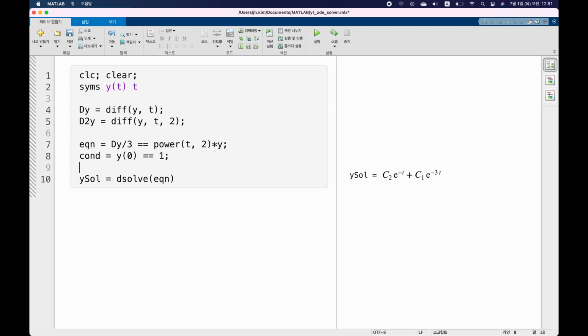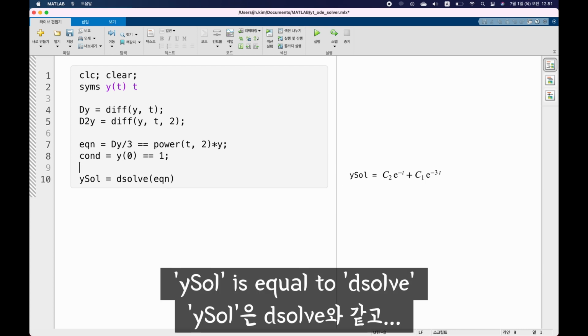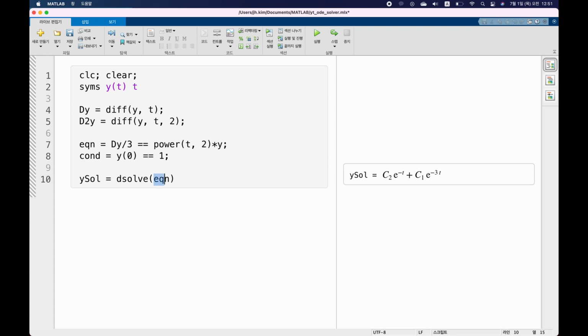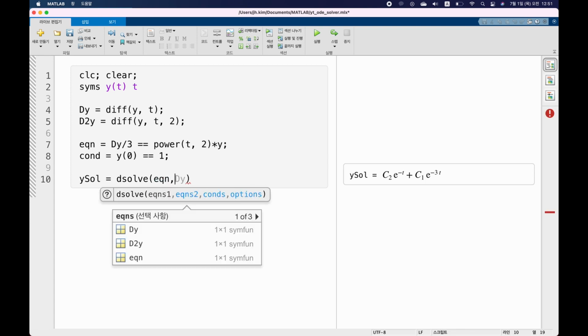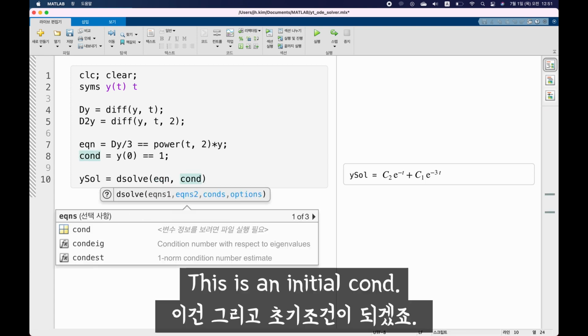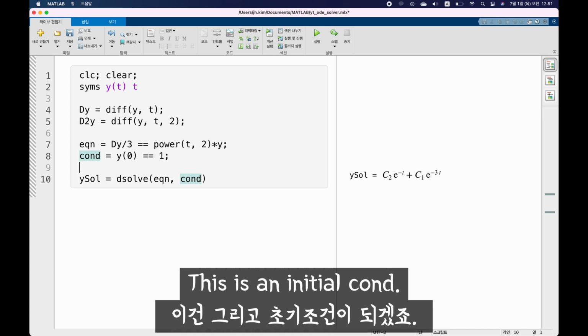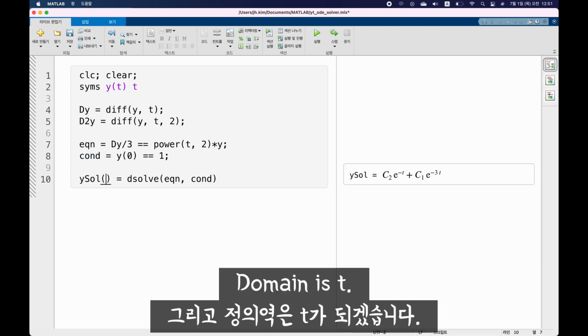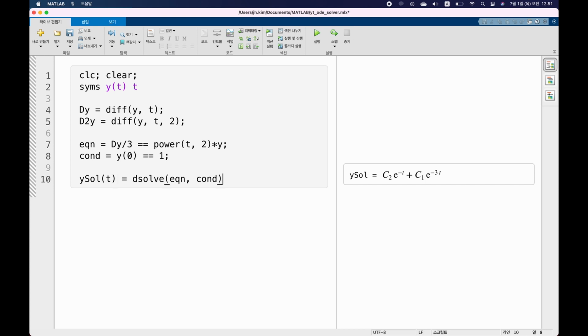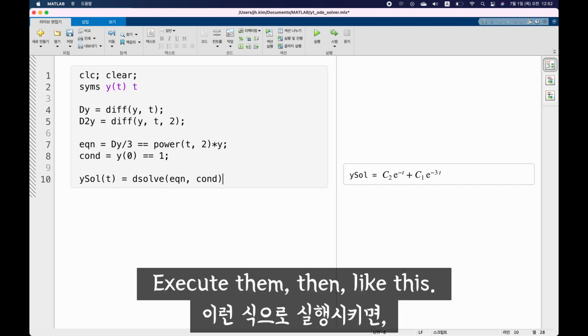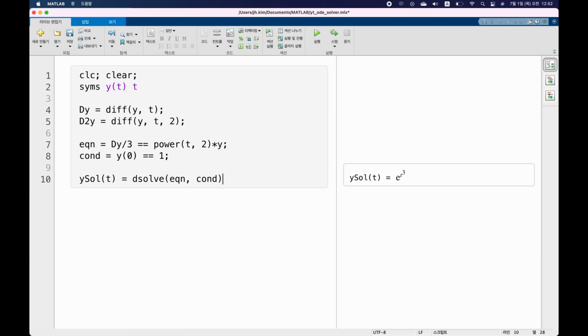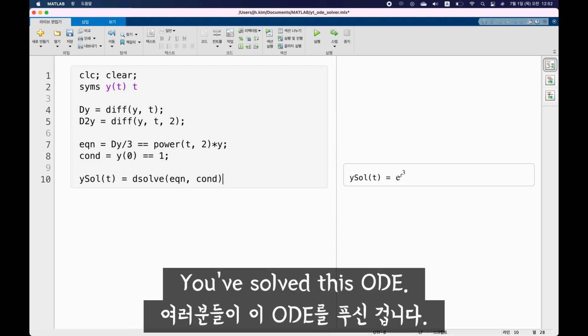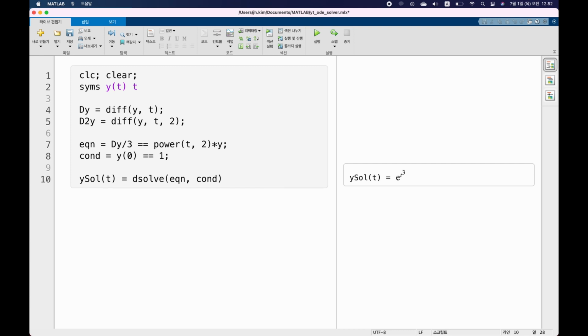Okay, and ysol is equal to dsolve(eqn, cond), where cond is the initial condition. And then the domain is t. So like this, cool. And then execute them. Then like this, you solved this ODE. Cool.